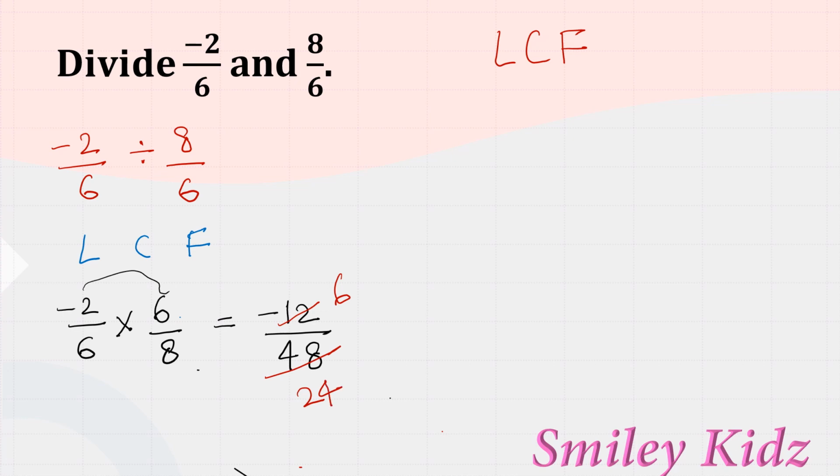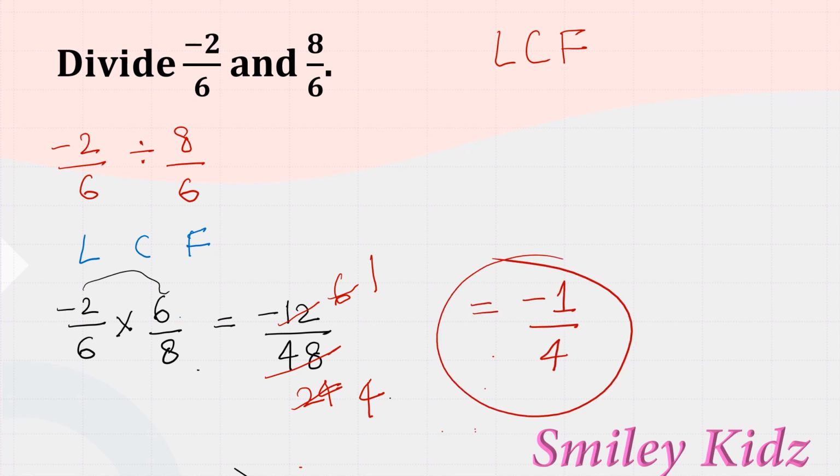We can further simplify, right? 6 times 1, 6 times 4 is 24, right? Which will be equal to minus 1 by 4. Therefore, when we divide minus 2 by 6 and 8 by 6, we get the solution as minus 1 by 4.